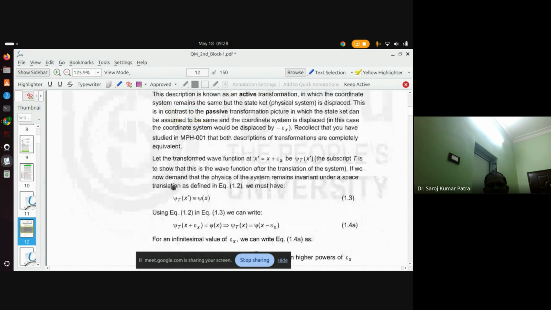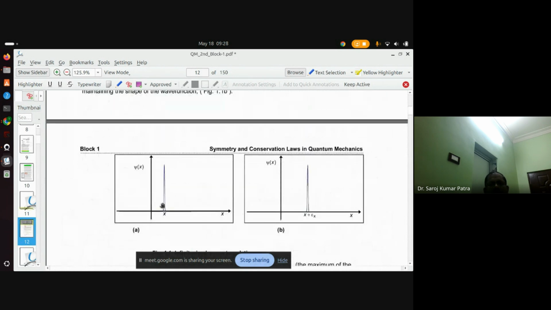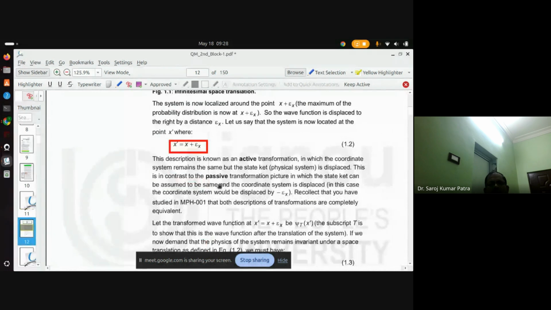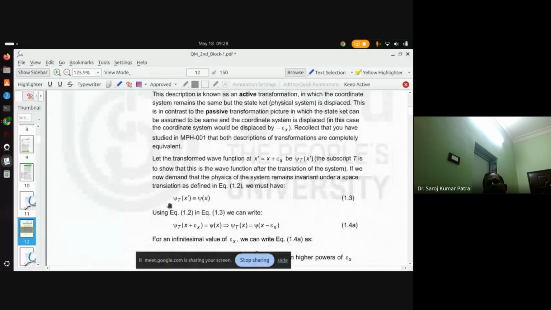So if we come back, what happens to our wave function? So the transformed wave function moved from the position x to x plus epsilon x. Now, what happens to psi, the wave function? Psi t, so t represents the transform after the operation, translation.